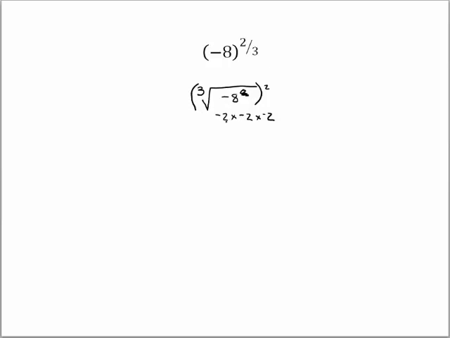So taking out the cube root of -8 would actually be -2. So we have -2, but we still have that square on the outside. So the actual answer becomes 4. And in another video, we'll treat this negative underneath the radical sign a little bit differently. But for now, since we're talking about exponents and simple radicals, we'll just leave that -2 and we'll carry it. Get the idea?